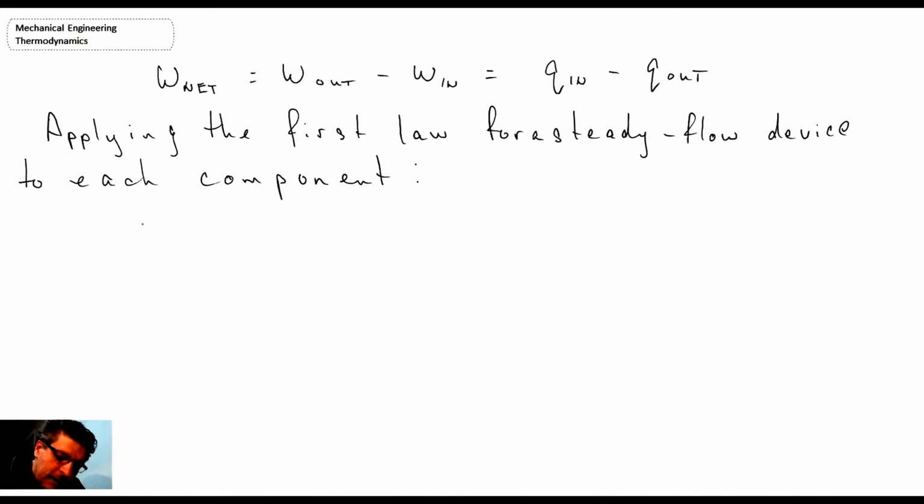Writing out the first law for a steady flow device, we have the following for our heat transfer.